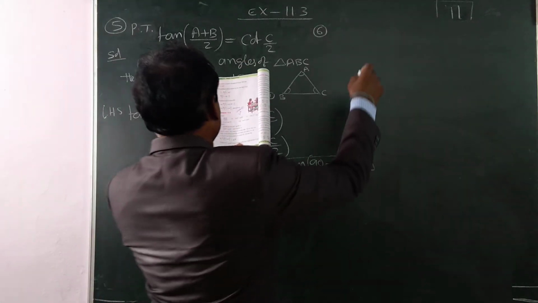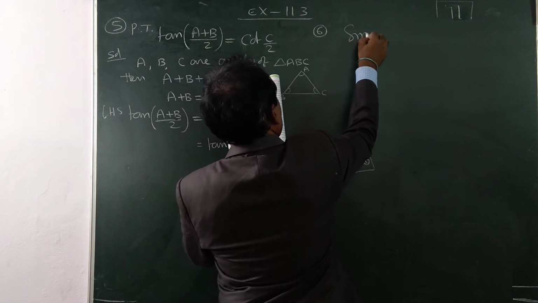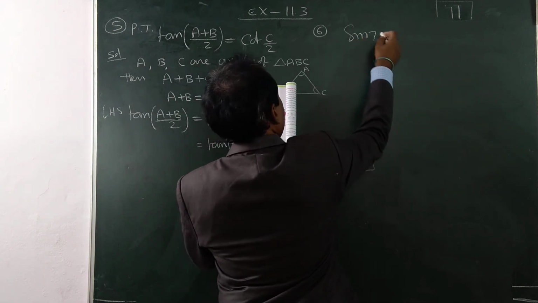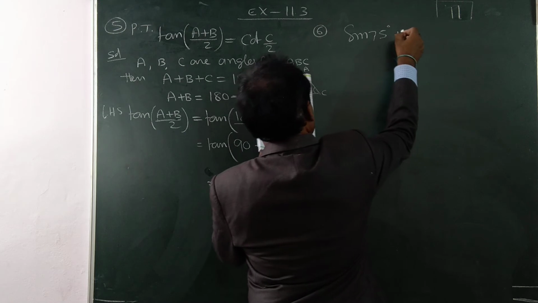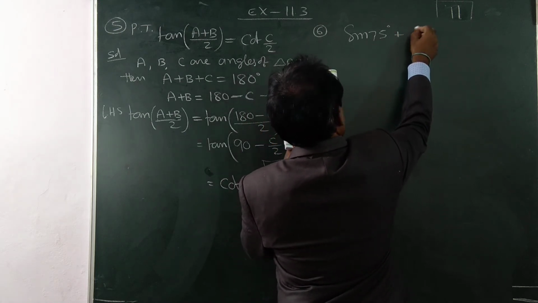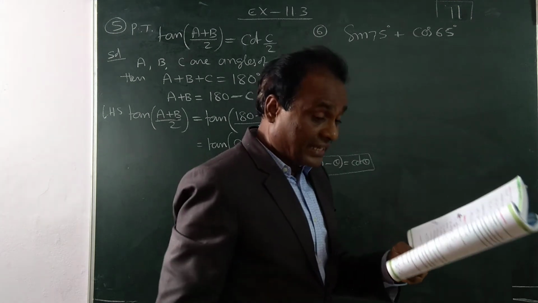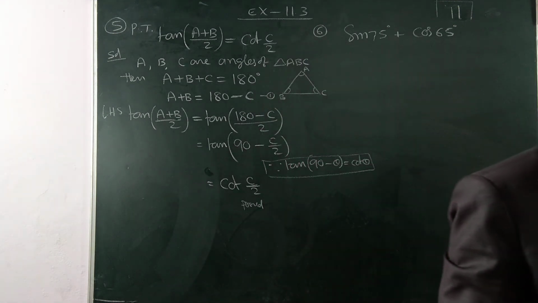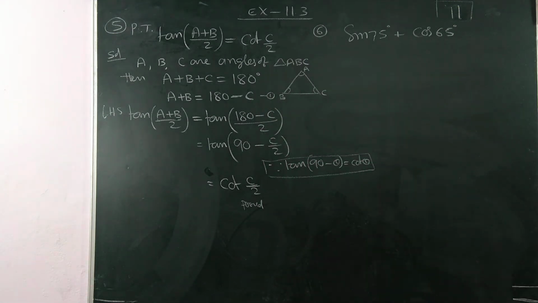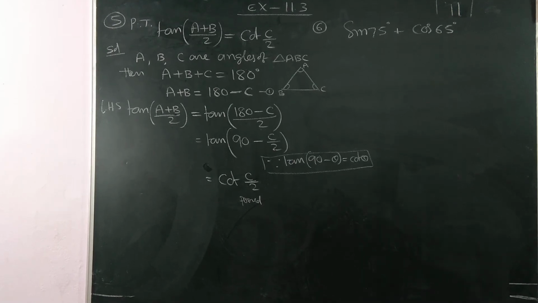Now express sine 75 degrees plus cos 65 degrees in terms of trigonometric ratios of angles between 0 and 45.